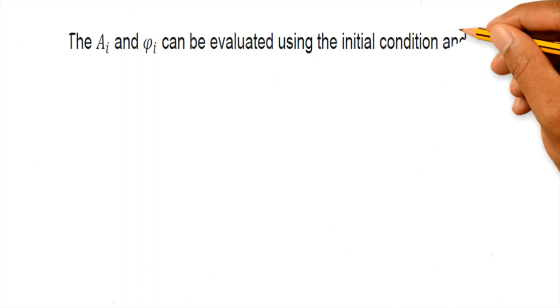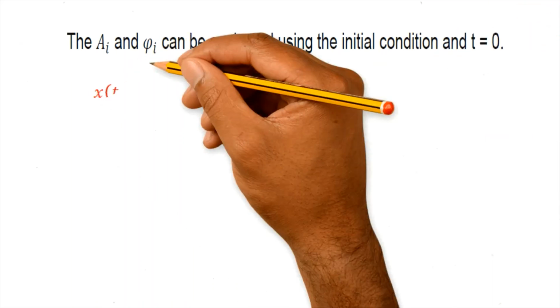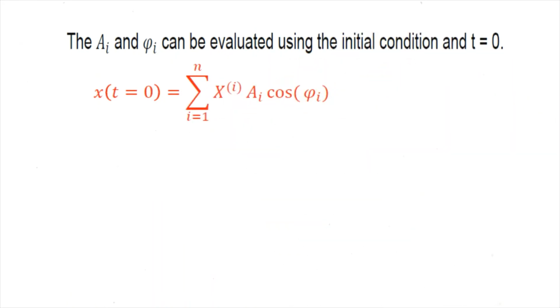When A and V is evaluated using the initial condition and t equals to 0, the equation below is obtained.